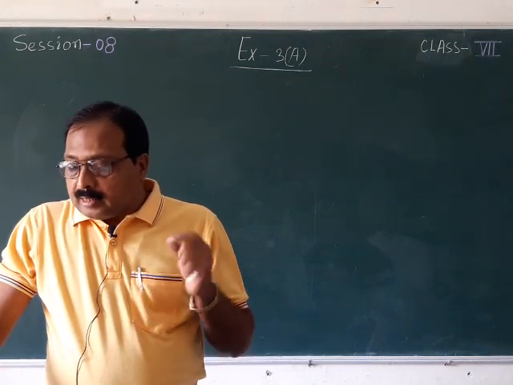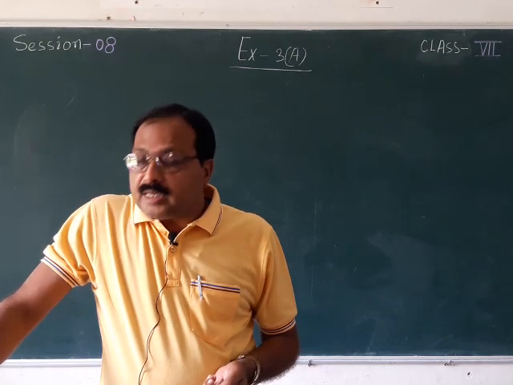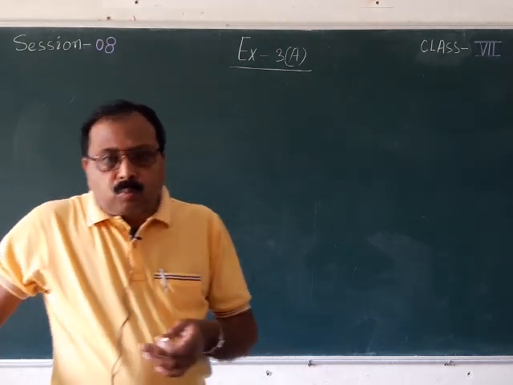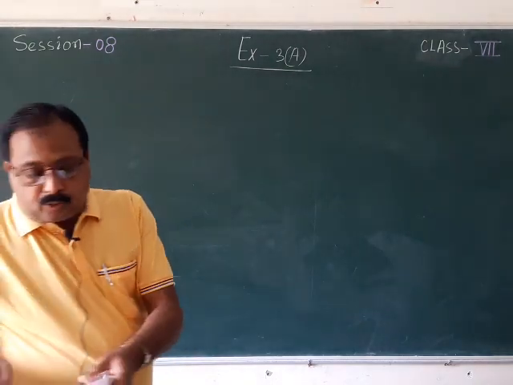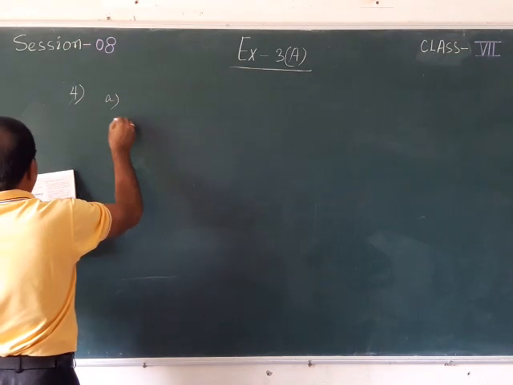Find the quantity of petrol he needs in a month. In a month means 4 weeks. So in 4 weeks, how can you write the statement of this question number 4?